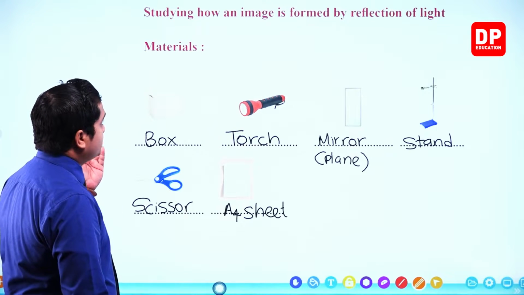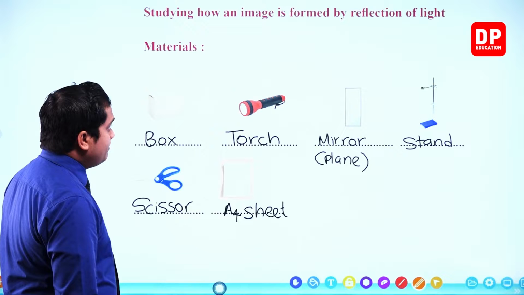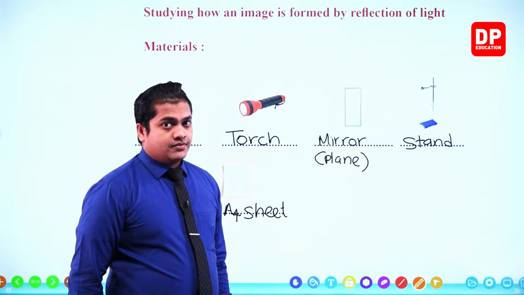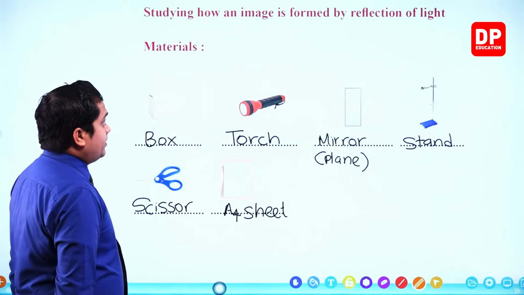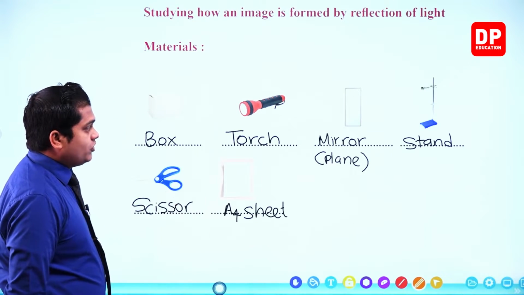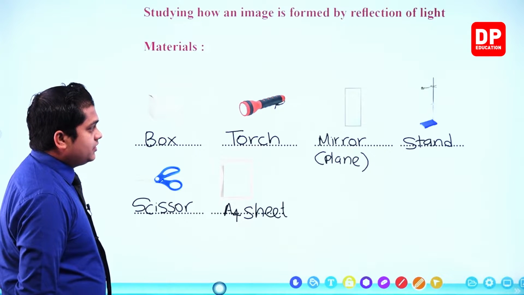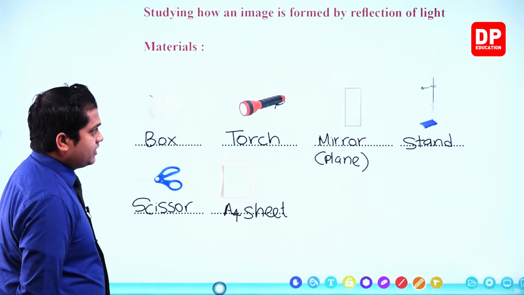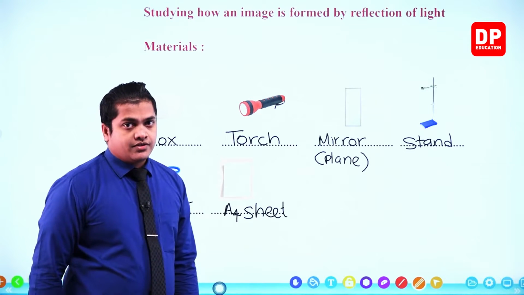Here we are going to study how an image is formed by the reflection of light from a plane mirror. So you'll need a box, a torch, a plane mirror, a stand, scissors, and an A4 sheet or else a white color sheet, my dear children.